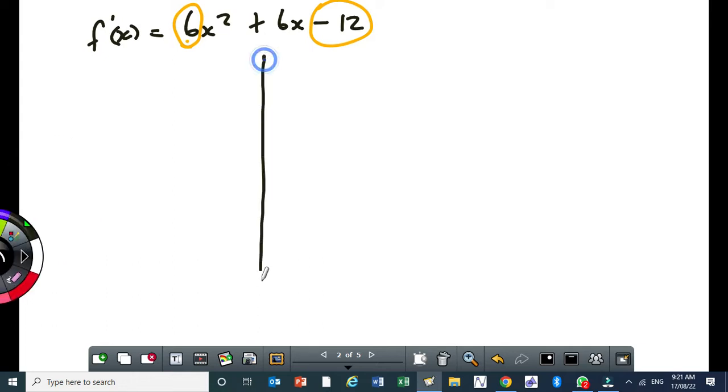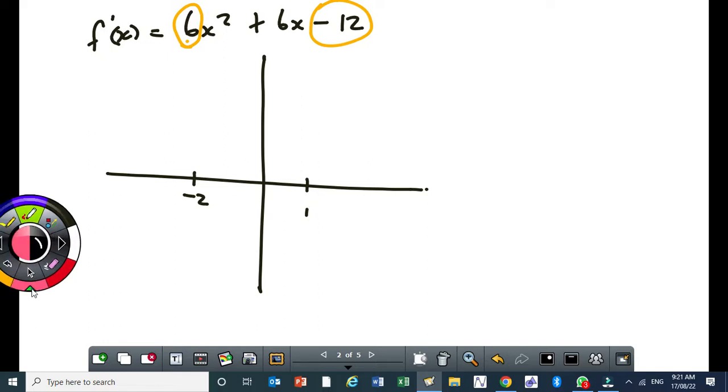Right? So if I'm to draw it, we have got our two x-intercepts, minus 2 and 1. So let me put minus 2 here, I'll put 1 there. Then we've got a minimum turning point. Now, to find the minimum turning point, we can use calculus, remember, I can find the second derivative of this.